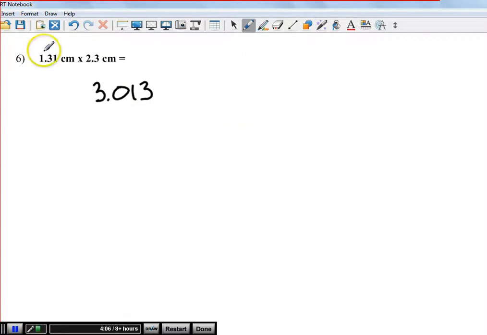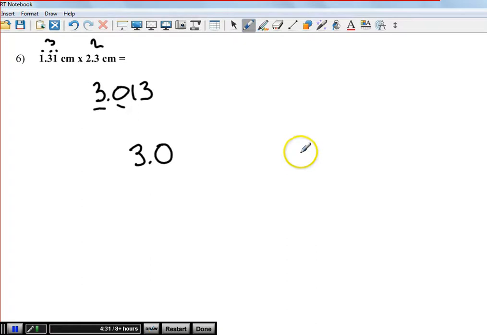Now we count significant figures. This one has 3, this one has 2, so our answer can only have 2 significant figures. So in this case, 3.0 is how we report that multiplication problem to the correct number of sig figs. Our answer can only be as good as the weakest link.